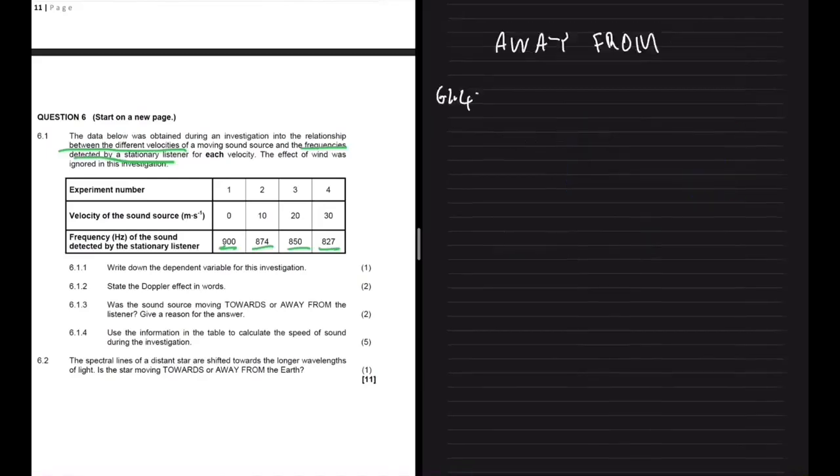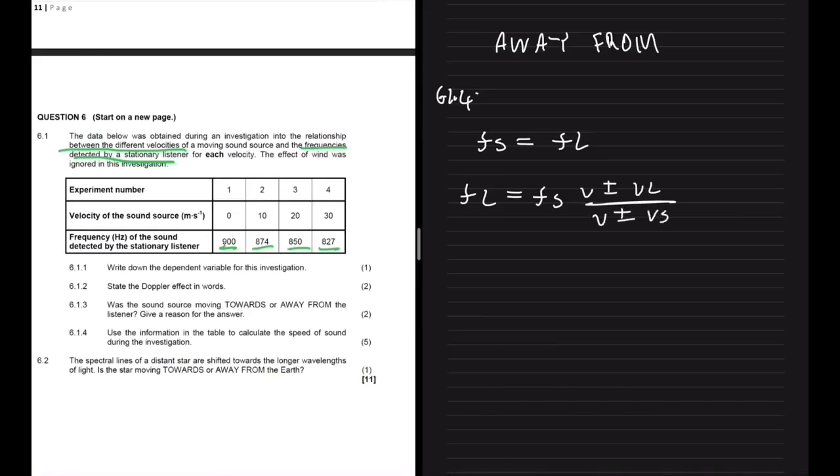6.1.4 says use the information in the table to calculate the speed of sound during the investigation. I think the trick of the question is to realize that for experiment 1, Fs equals FL. We know that FL equals Fs (V plus or minus VL) divided by (V plus or minus Vs).